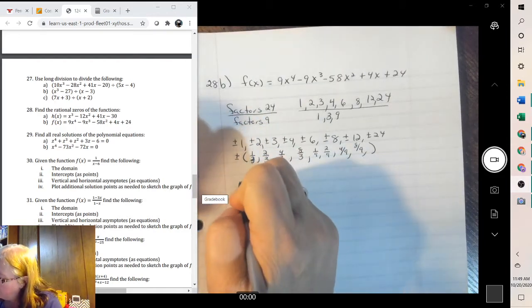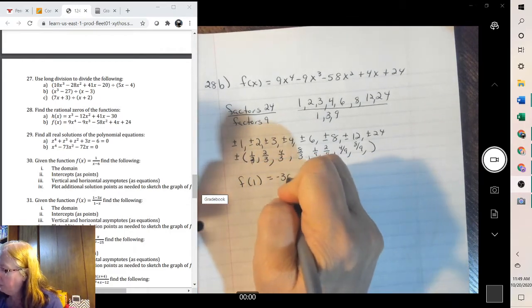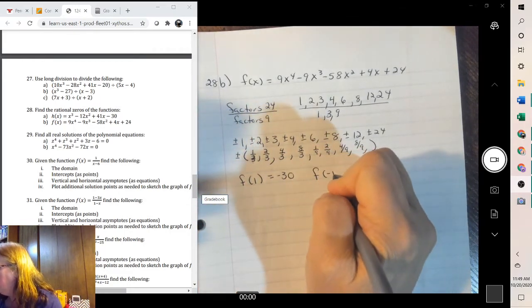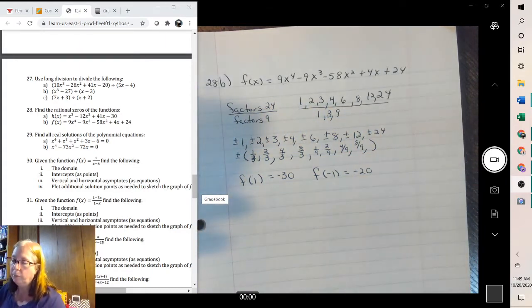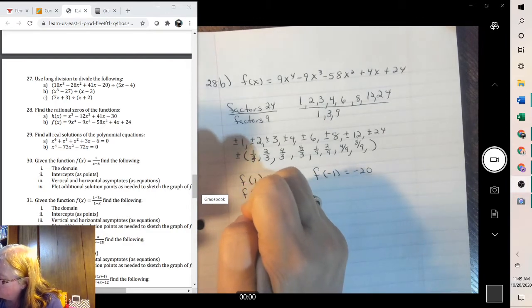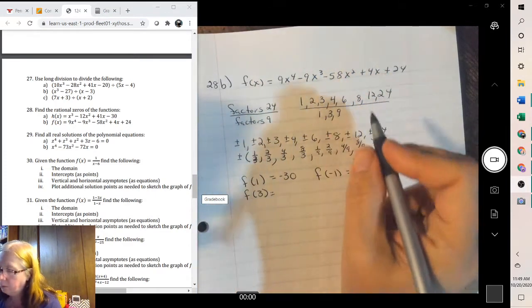So if we try some of these, if you plug in a 1, you're going to get a negative 30. If you plug in negative 1, you're going to get a negative 20. How about a 2? 3. 3 works. If we plug in 3 into this, we get 0.